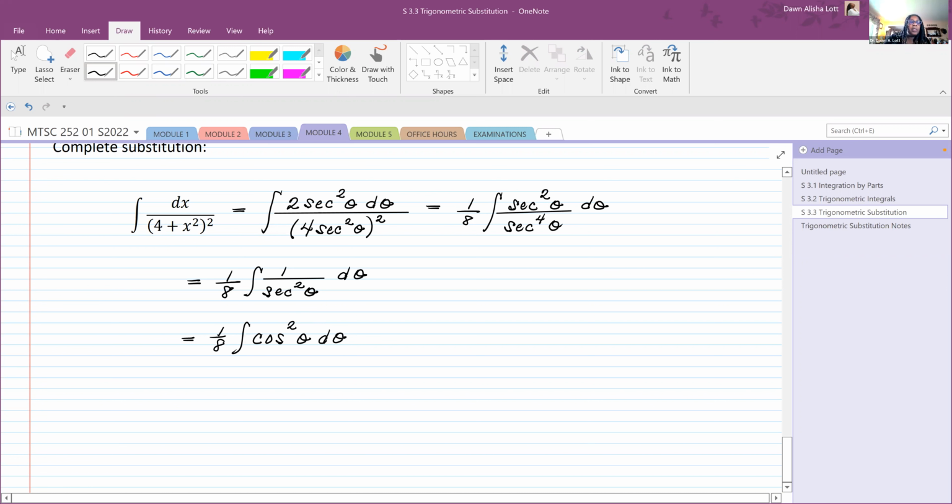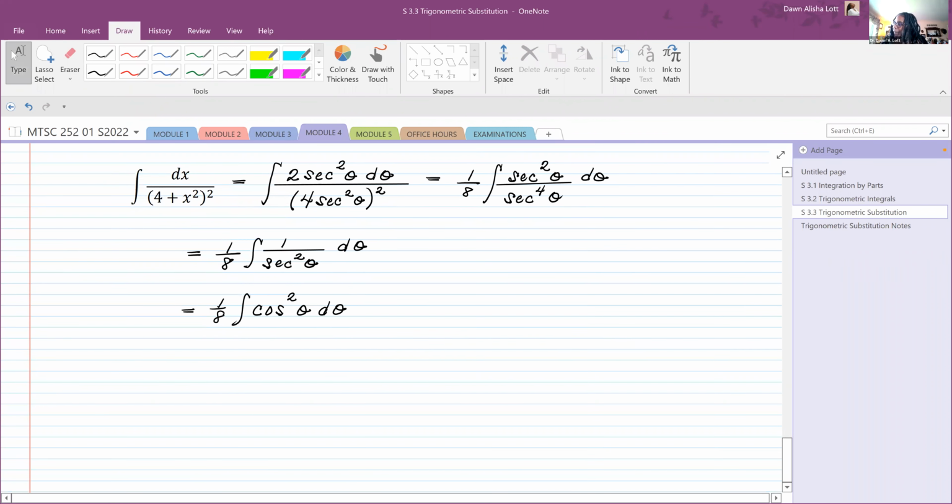Okay, how do you integrate cosine squared? While you think about how to integrate cosine squared, I'm going to take the role.